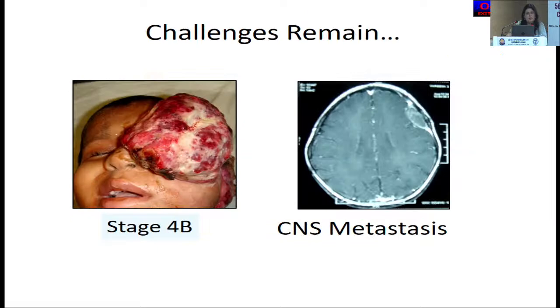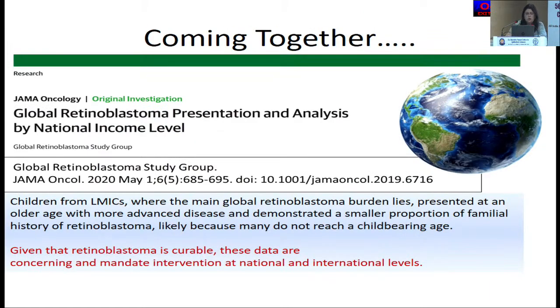Challenges still remain, especially in the form of stage 4B, where there is intracranial extension or the CSF is positive. Intrathecal methotrexate and other anti-cancer therapies have been tried, but the results have not been that encouraging. So now the whole world has come together. We have just published the Global Retinoblastoma Presentation and Analysis Study in JAMA Oncology a couple of years ago.